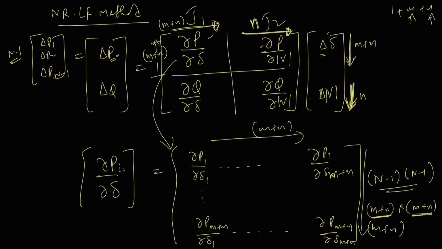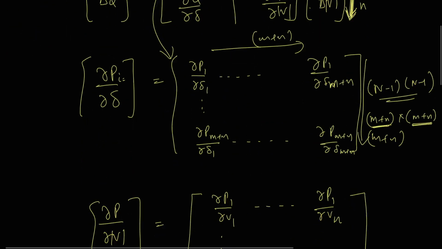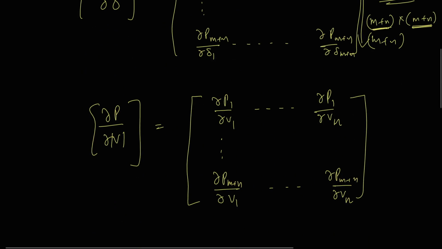So the size of this second matrix J2, dou p by dou v, has a dimension of m plus n by n, and it is the partial derivative of p with respect to voltages.